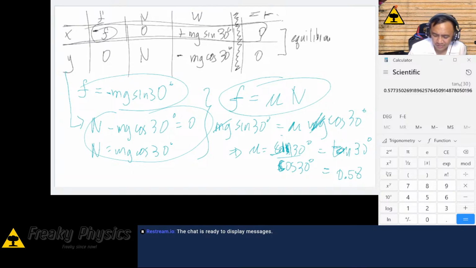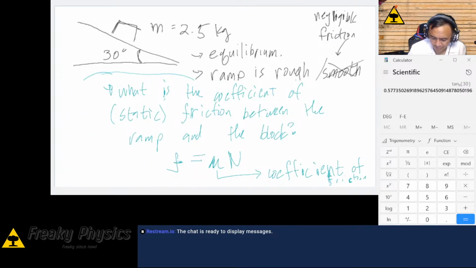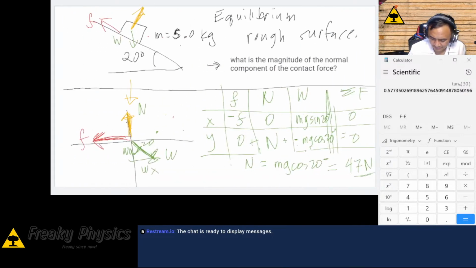Yes. Okay, I want you to redo now the problem you got earlier with this problem. This time you find the coefficient of friction between the ramp and the block.